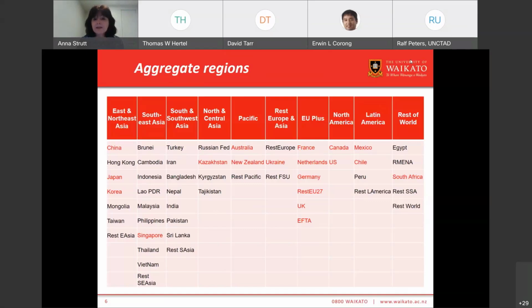The countries that are in red font are those that we're assuming a carbon tax for. So the ones in black, we're not imposing any carbon tax for that first simulation, but all of the ones in red, we're imposing some sort of a carbon tax in the initial first simulation.